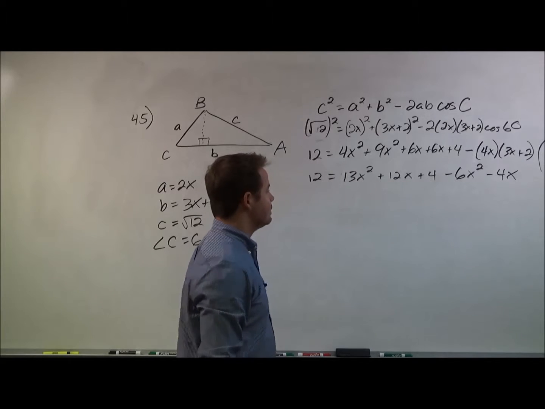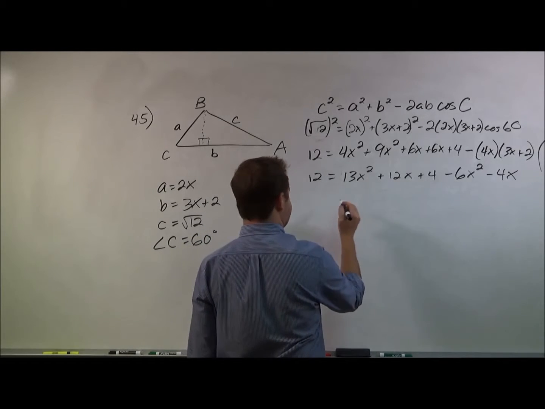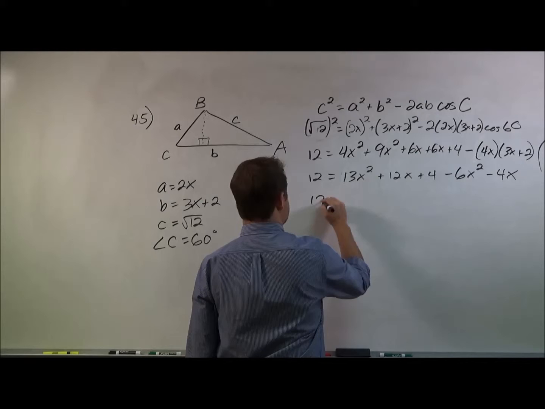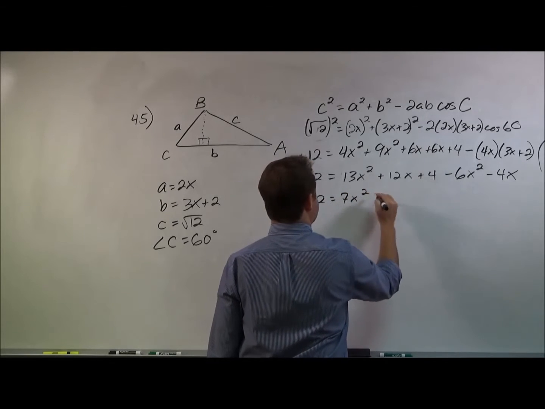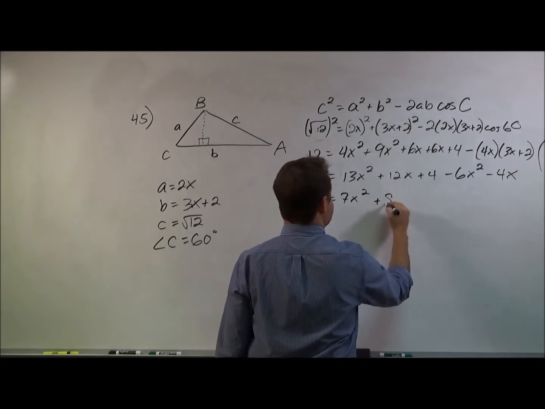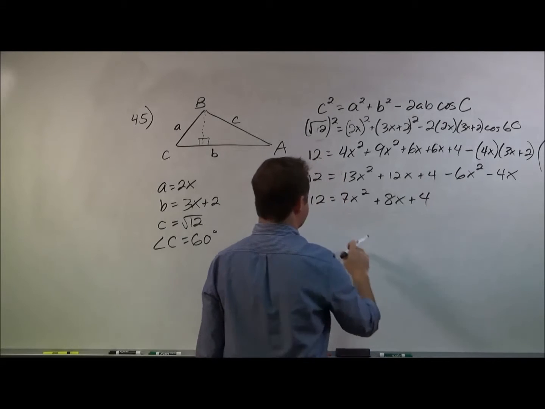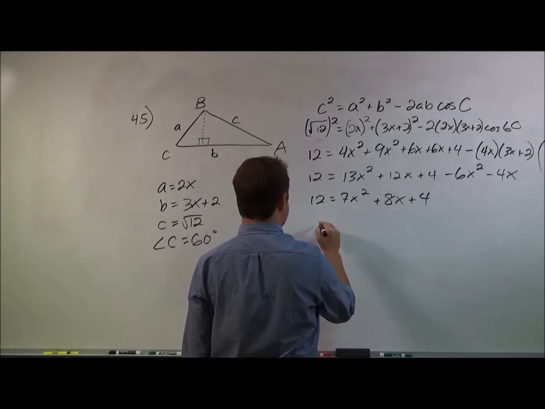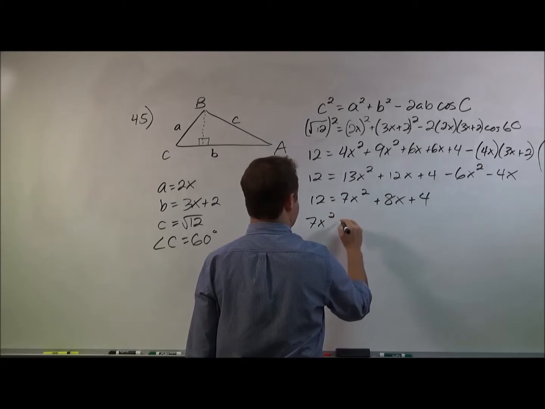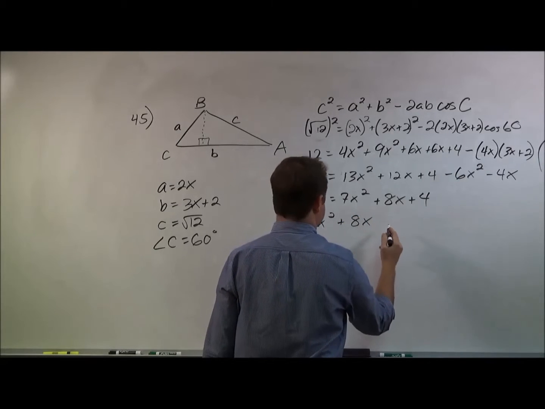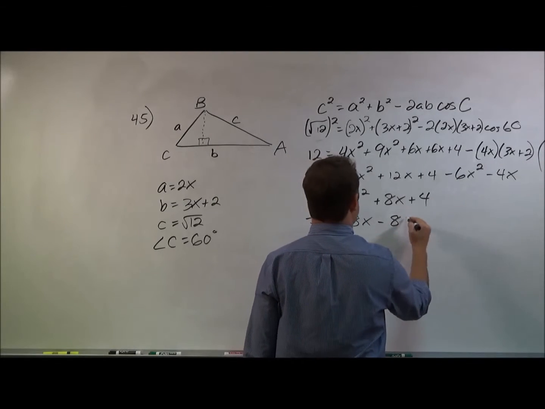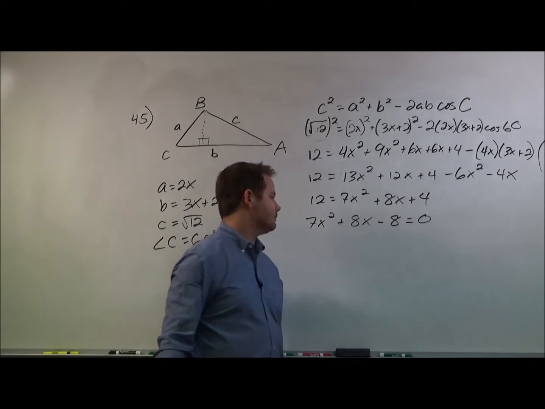From there, we continue to simplify by combining like terms. And we get 12 is equal to 7x squared plus 8x plus 4. Bring the 12 over, and we get 7x squared plus 8x minus 8 equals 0.